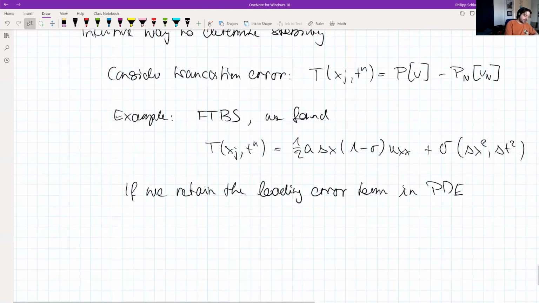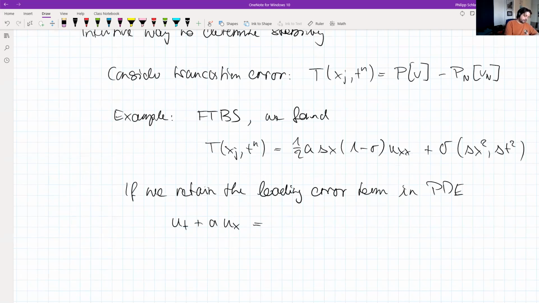Well, that would then mean that in this case, for forward time backward space, for the convection equation, this was the equation that we wanted to solve, you know, this equals 0. This is what we wanted to solve.